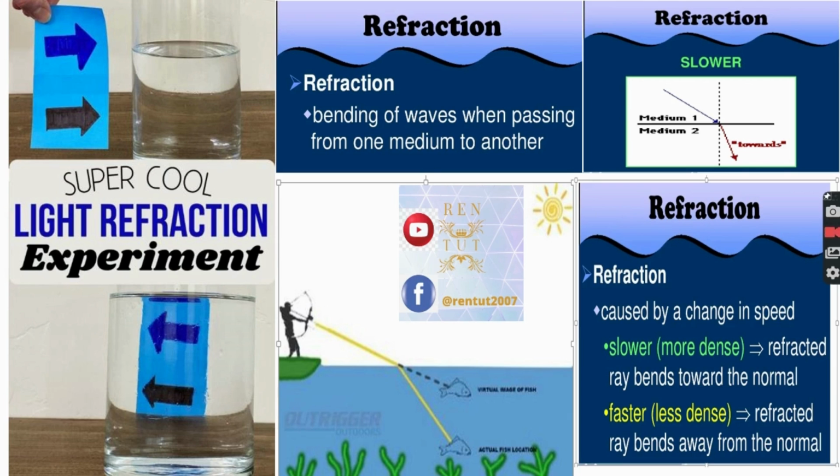Why it bends towards the normal is that, as you can see in the figure, the light rays become slower.